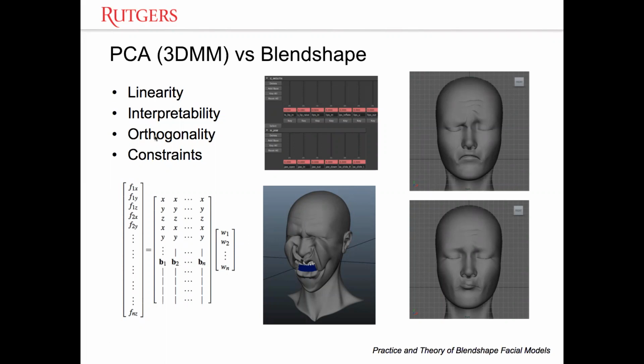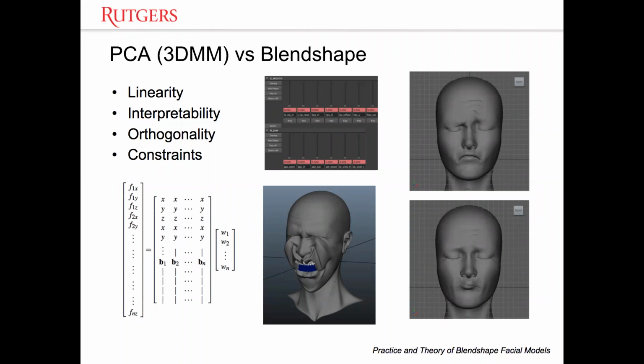And in terms of orthogonality, because the 3D morphable model is a process of principal components, all the principal eigenvectors are orthogonal to each other. So it's guaranteed that a parametric model like the 3D morphable model is orthogonal.